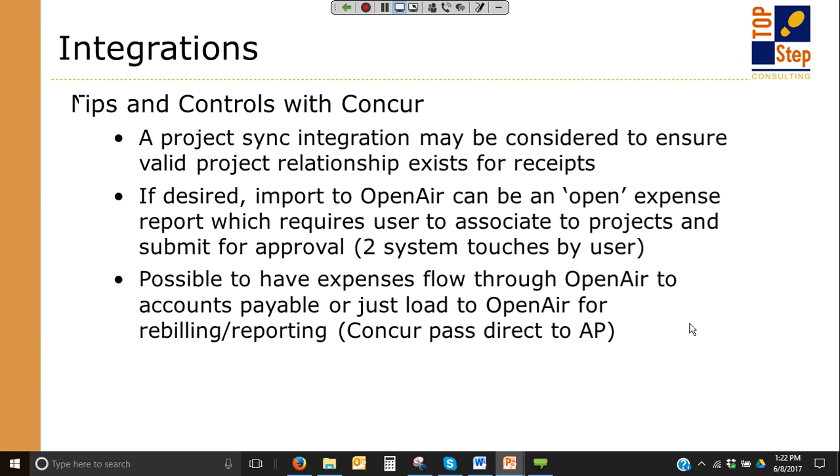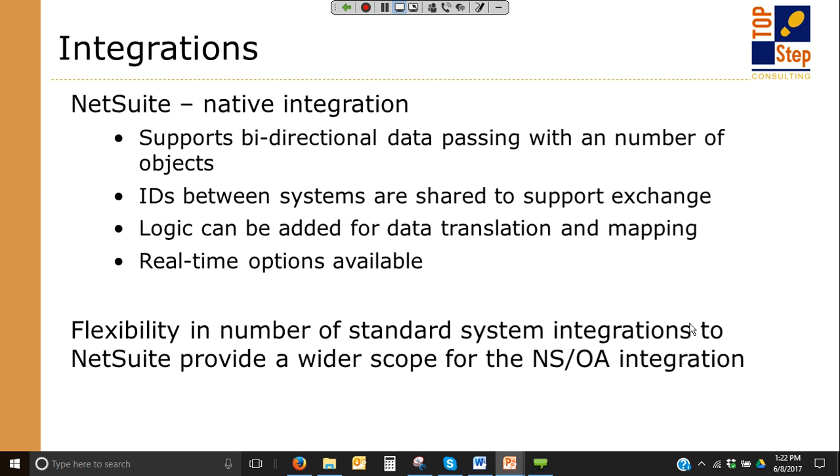And then finally, NetSuite. I could spend a whole couple of days probably talking about the NetSuite integration and all the different things that work well and things to watch out for and things to consider and options you have.